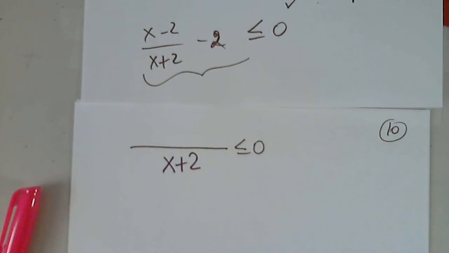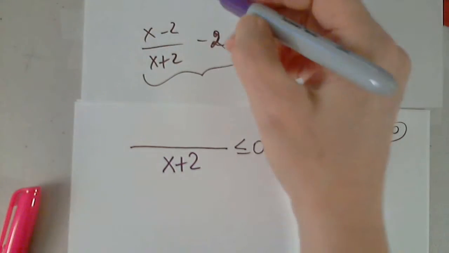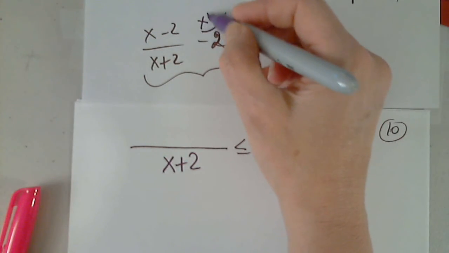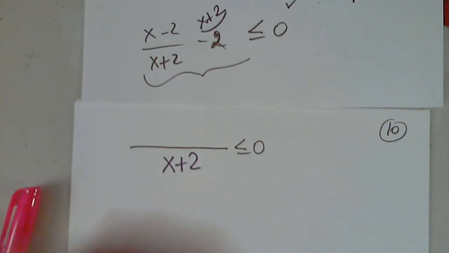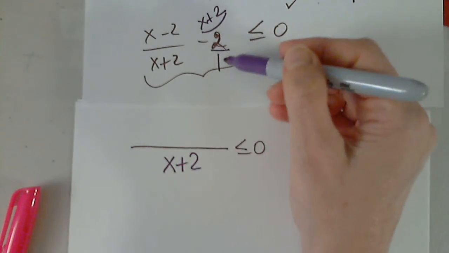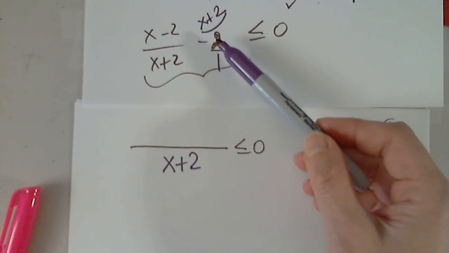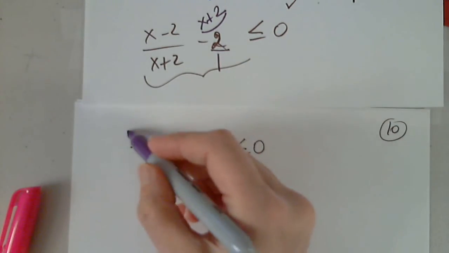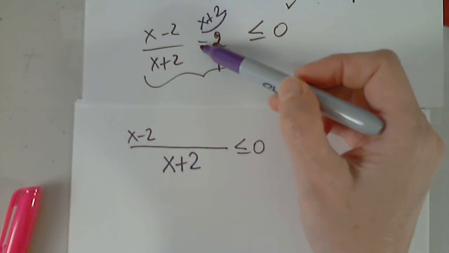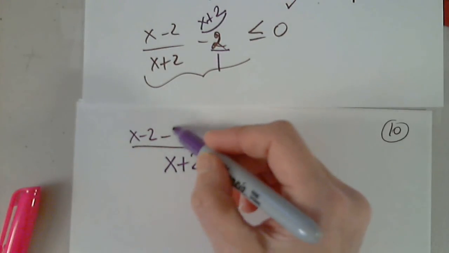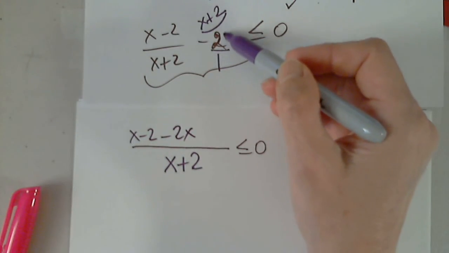Well, the least common denominator is the only denominator we have, but the other term needs to be multiplied by x plus 2. Because its denominator was 1, and 1 was multiplied by x plus 2, we have to multiply the numerator by x plus 2. I copy x minus 2, but now I have to distribute -2 to x and -2 to 2.